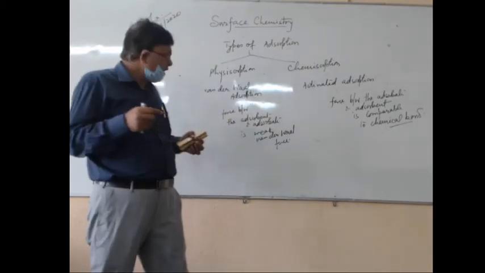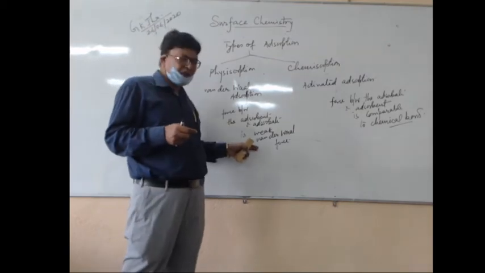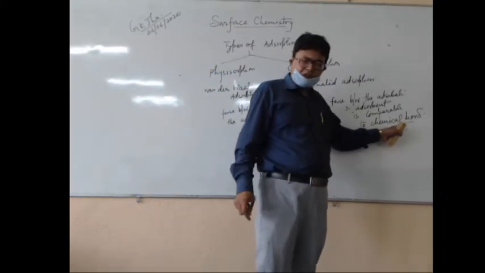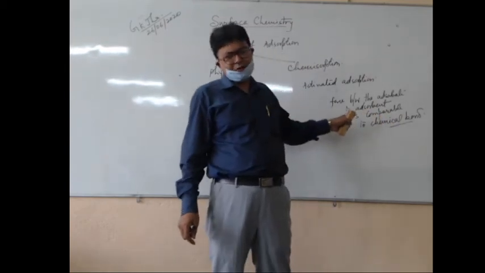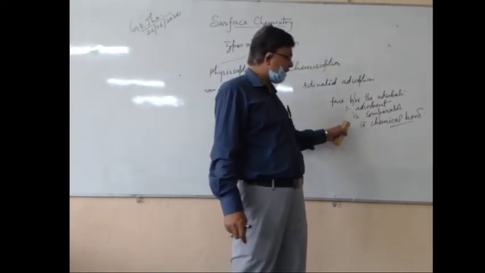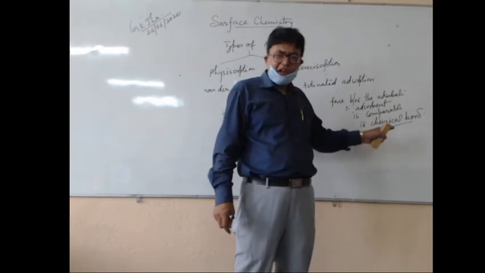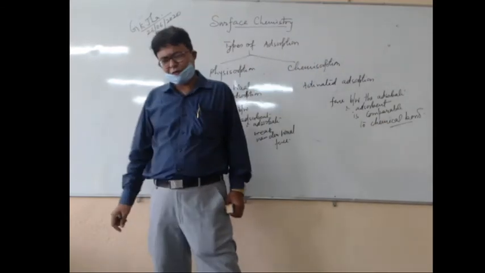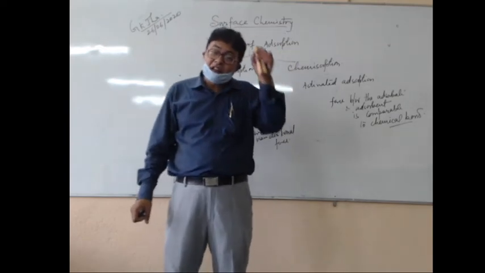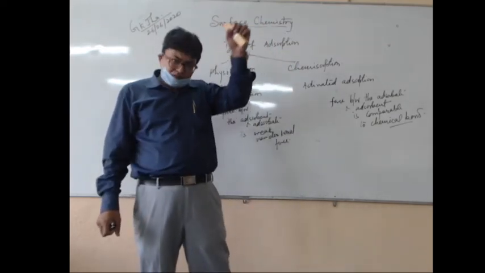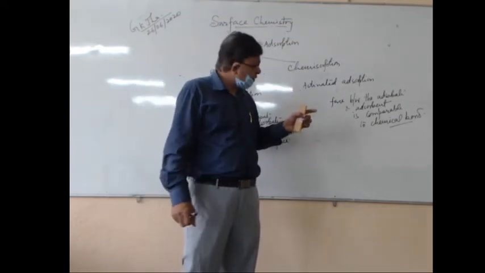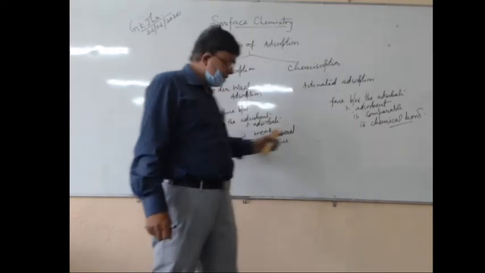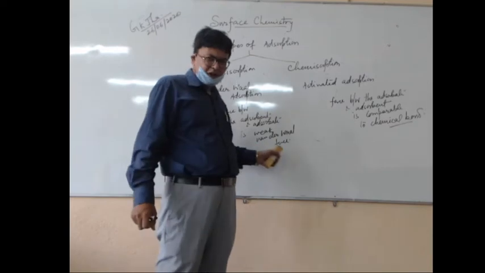So it is multimolecular adsorption, and chemisorption is unimolecular. After chemical bond formation between adsorbate and adsorbent molecules, the adsorbate molecule is left with no residual force to bind another adsorbate molecule on its surface. Therefore, chemisorption is unimolecular, while physisorption is multimolecular.